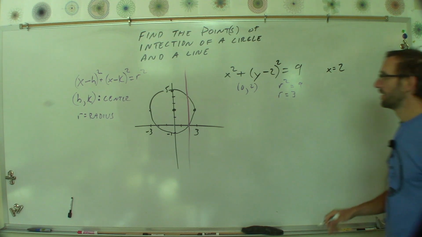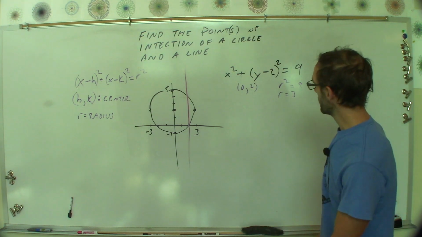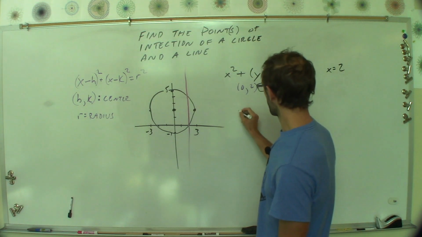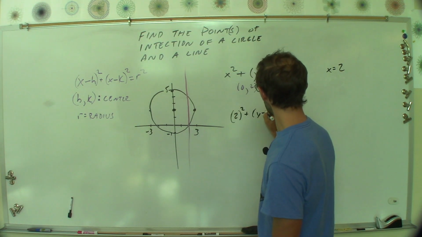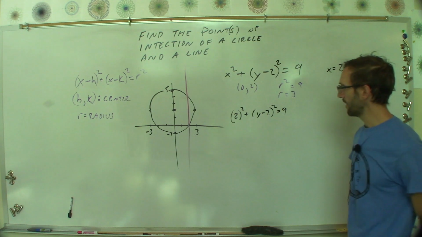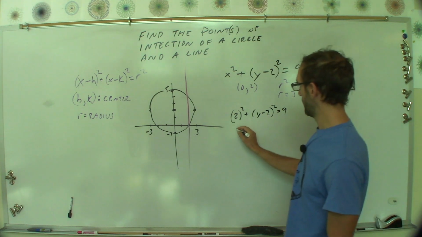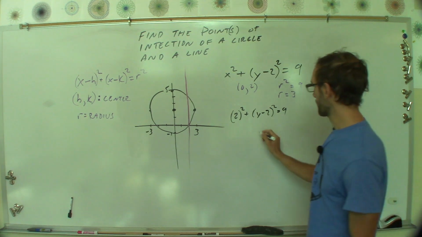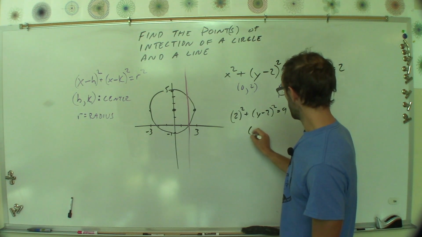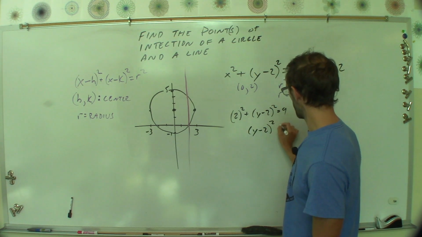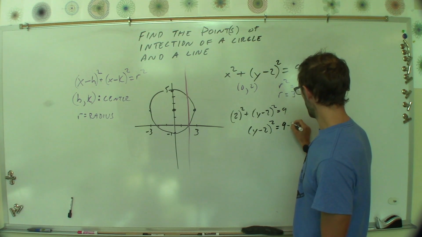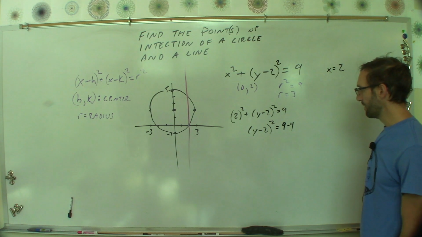All right, so there we go. Hopefully you paused it. So we'll substitute the 2 in for x. That's going to be 4. And then I'm actually going to just take it away because I know I'm going to subtract 4, so it's going to be y minus 2 squared equals 9 minus 4, which will give me 5.